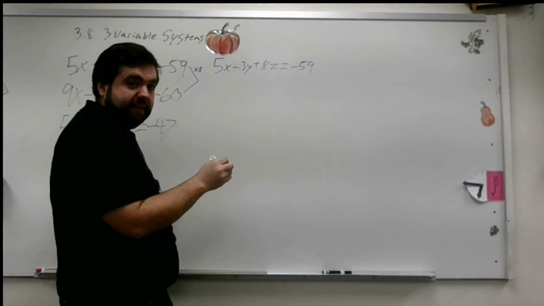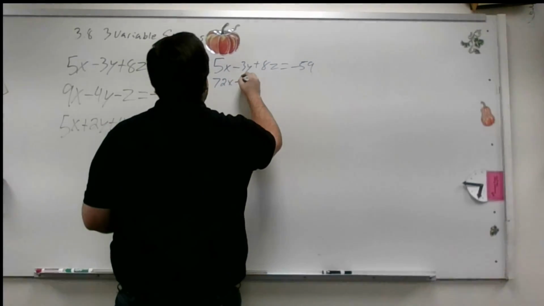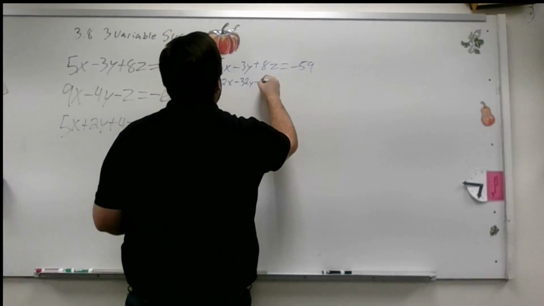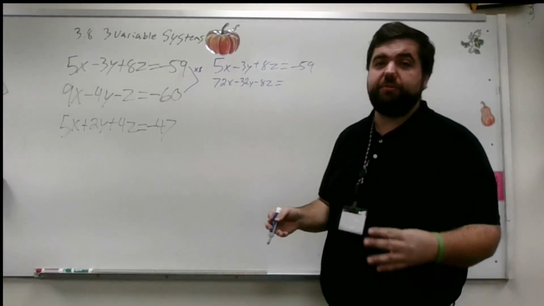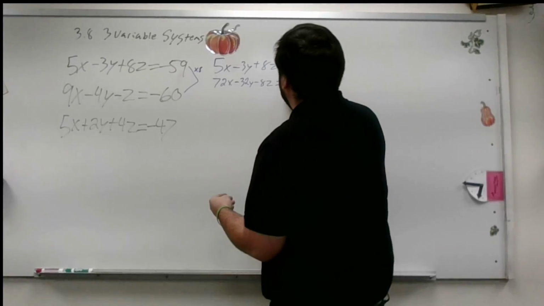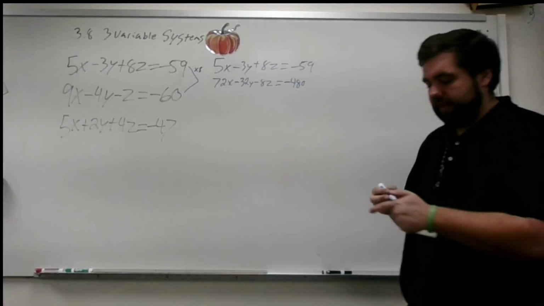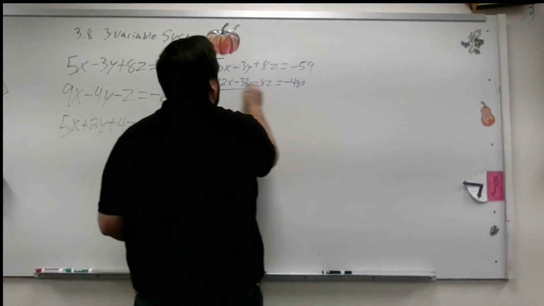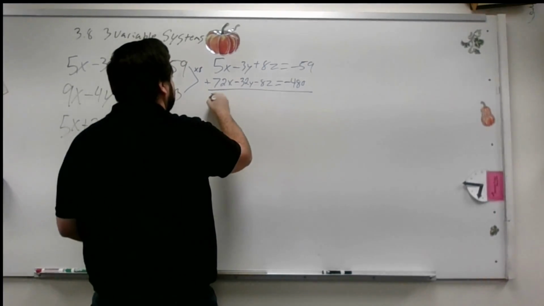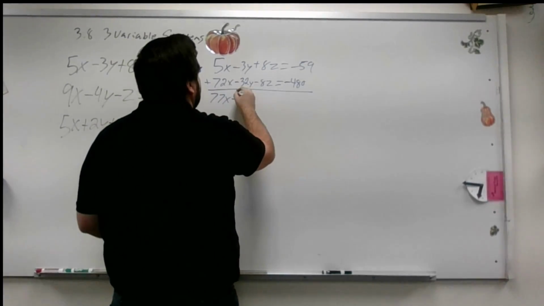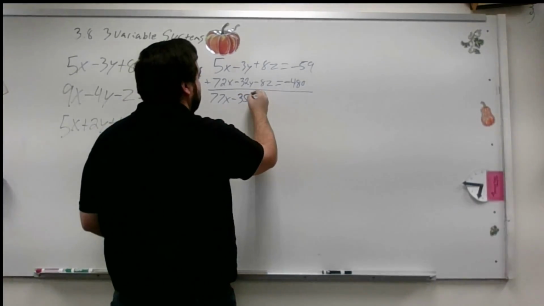Multiplying this by 8, we're going to get 72x minus 32y minus 8z equals, and then 8 times 60 is really 8 times 6, 48, add a 0, -480. Right? That's that one, and then I combine them. 5x plus 72x is 77x. -3y minus 32y is -35y.